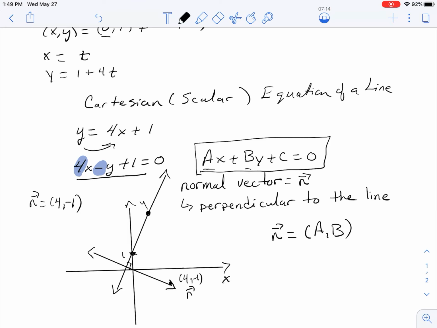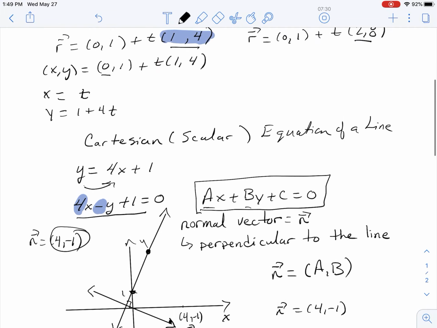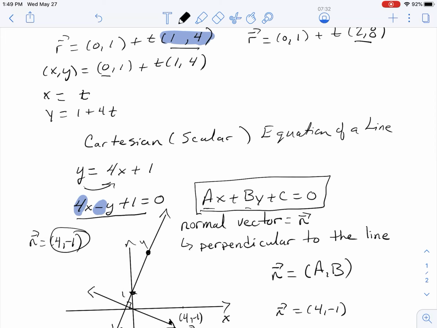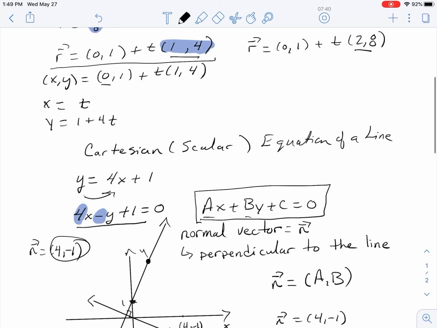Now we can prove it, because we know that if the dot product between two vectors is equal to 0, they're said to be perpendicular. So I've got the normal vector. Let me write that here. Now let's go back up to when I had the line in vector form, this one right here. You want to use a direction vector here.